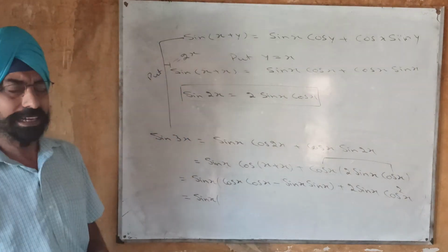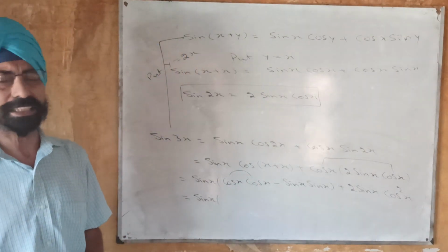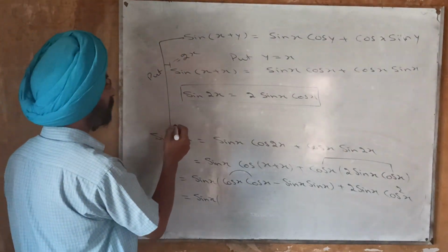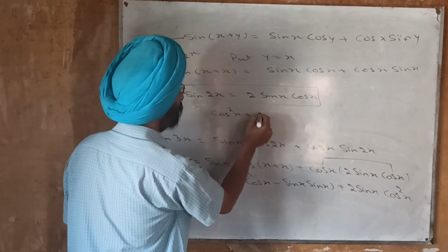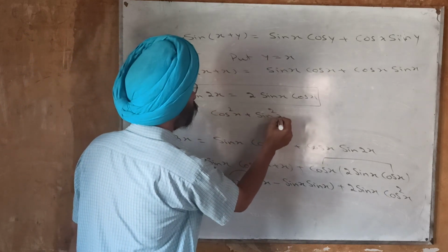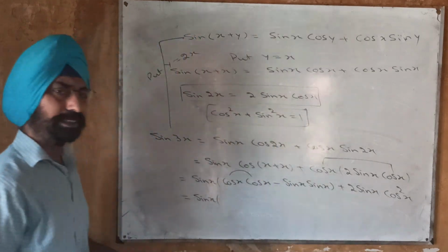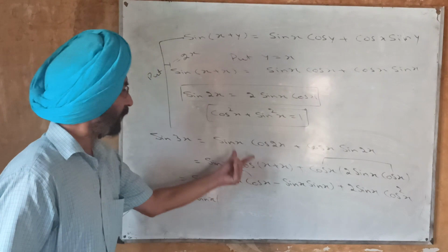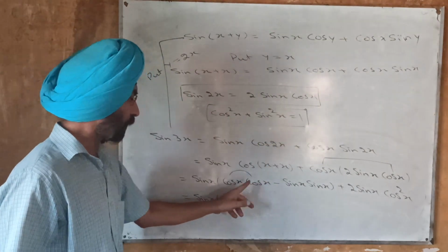So we will move ahead now, sin x, and then I am having here cos x into cos x means cos square x, but we know that cos square x plus sin square x is equal to 1. This is very well known to us. So what will be cos square x from here? It will be 1 minus sin square x, put it here.